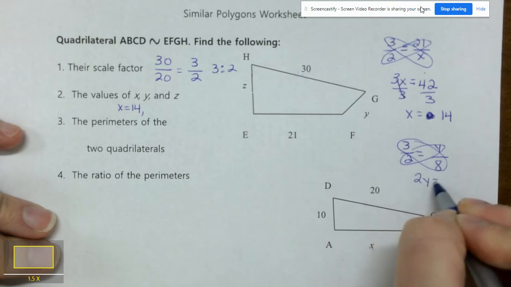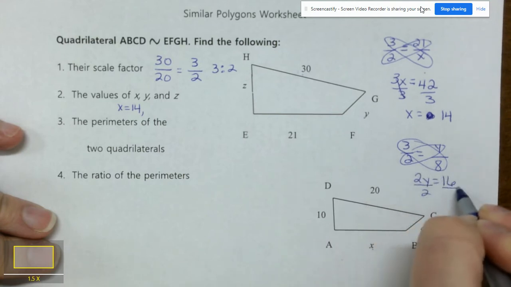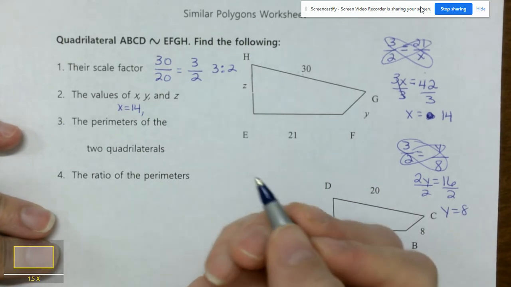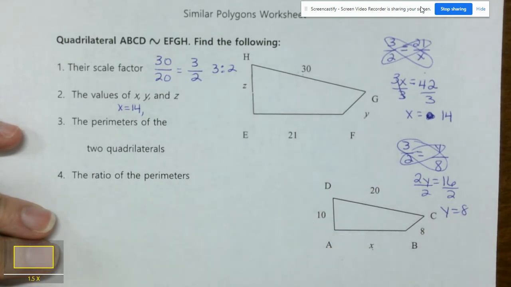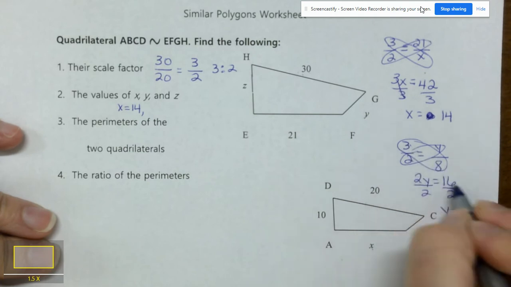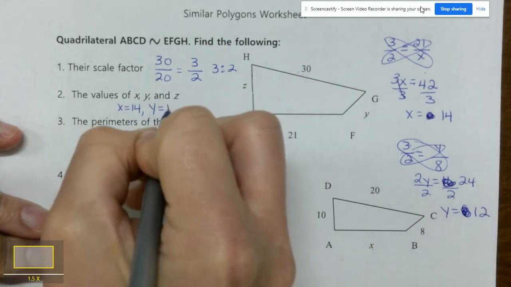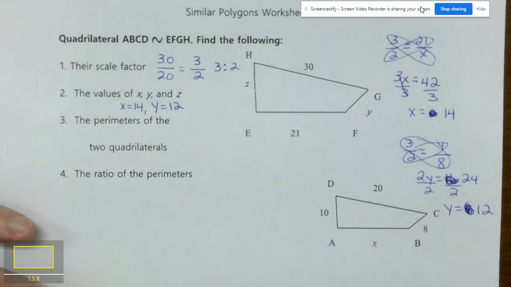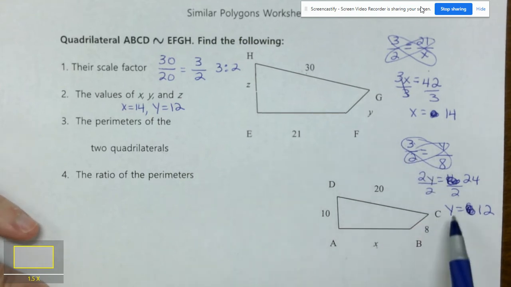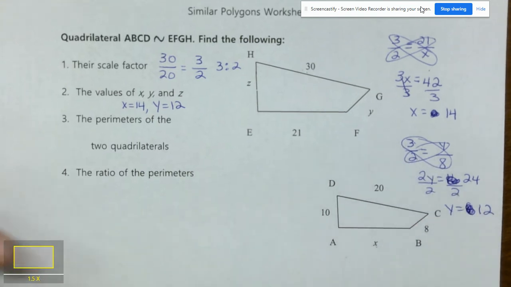That gives us 2y equals 24. I'm so sorry, 3 times 8 is 24, and then divide by 2, and that gives us y is equal to 12. So we get y equal to 12.